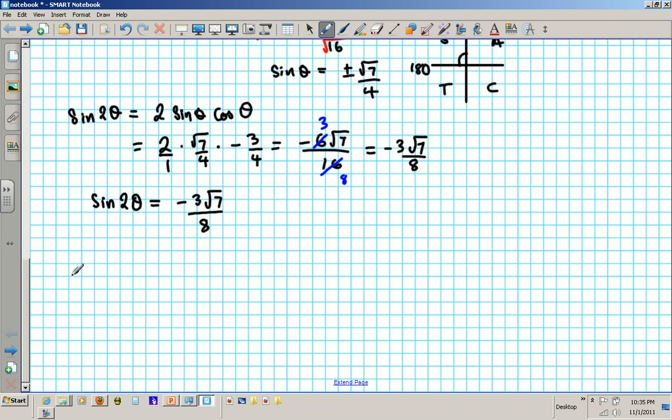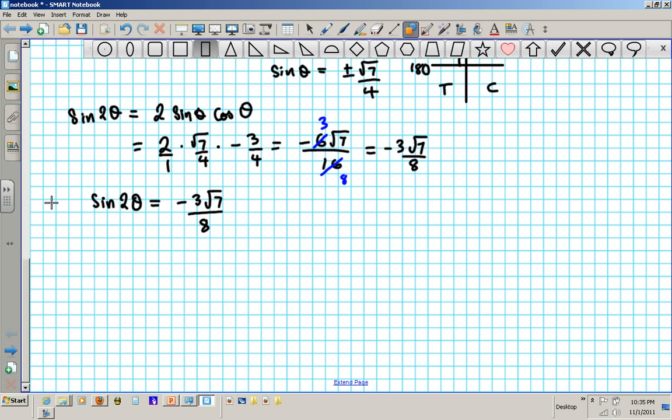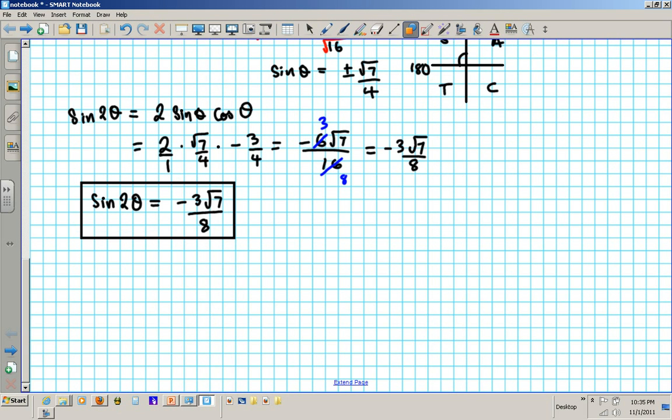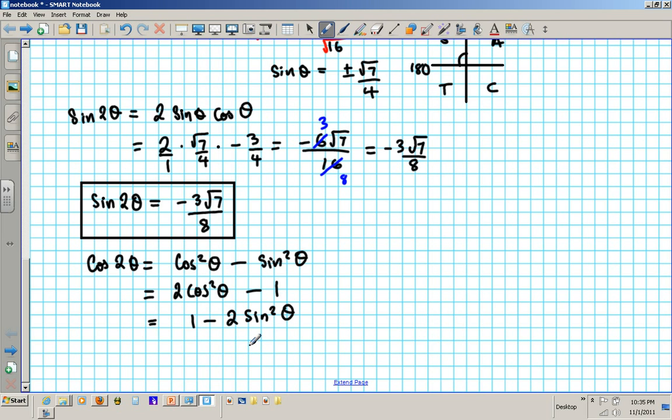Now the next one we're going to find is cosine 2 theta. Let's box this so we don't get confused. So that's sine 2 theta. Now we need to find cosine 2 theta. Now cosine formula, we have 3 options. We have cosine square theta minus sine square theta, option number 1, or 2 cosine square theta minus 1, option number 2, or 1 minus 2 sine square theta, option number 3.